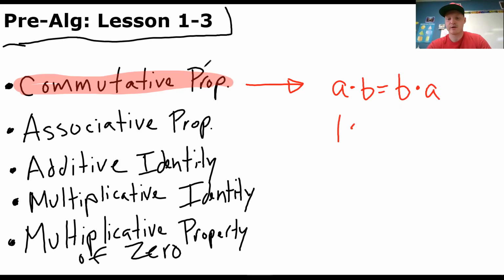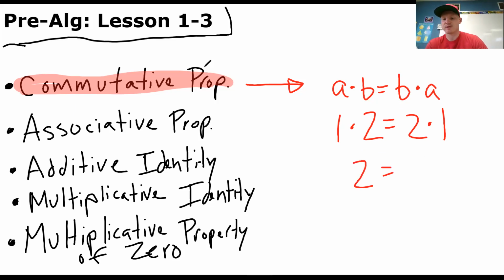We're going to have 1 times 2 equals 2 times 1. Those have the same exact answer as well. When you multiply 1 times 2, that's 2. When you multiply 2 times 1, that also equals 2. So that is the commutative property of multiplication and addition. That's all we're doing for that one.